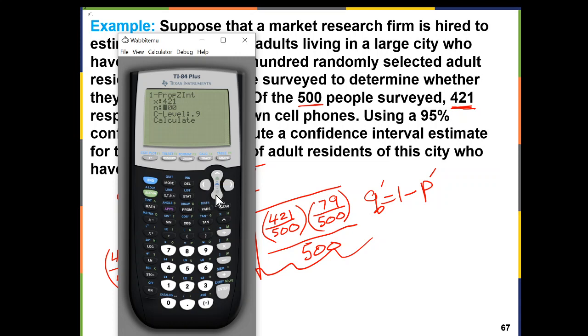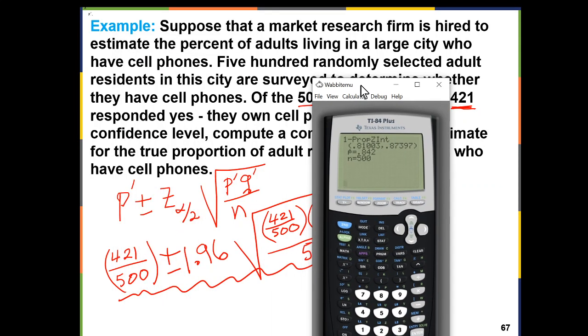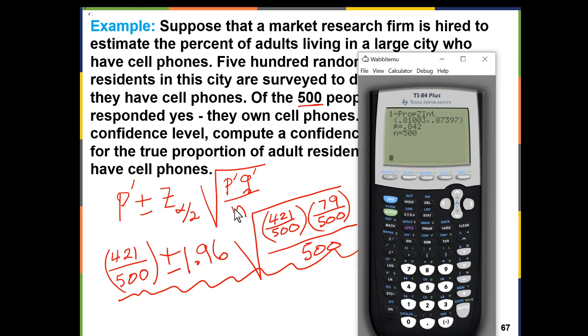And what is our n? 500. And what is our level of confidence? 0.95. And there. That's it. So if we were to put this in the calculator, we would find that this minus all that would be 0.81003, and this plus all that would be 0.8397, right? So that's all there is to it.